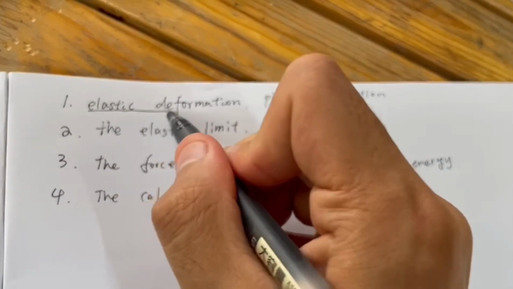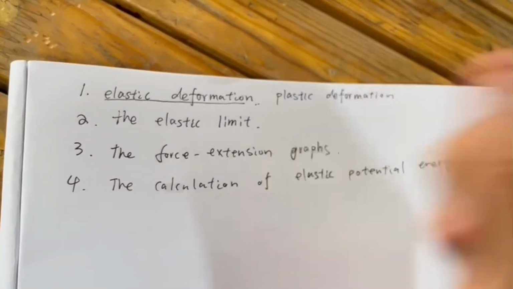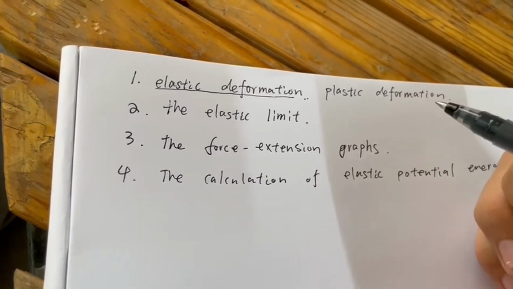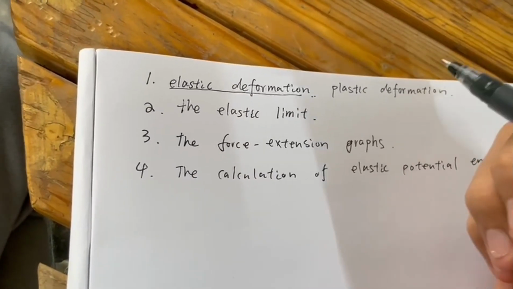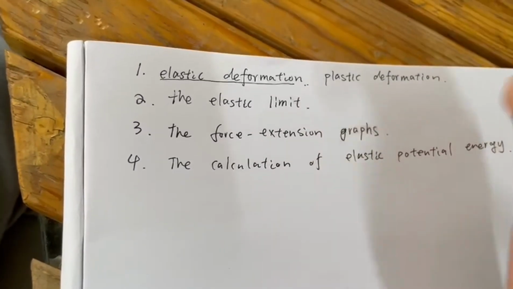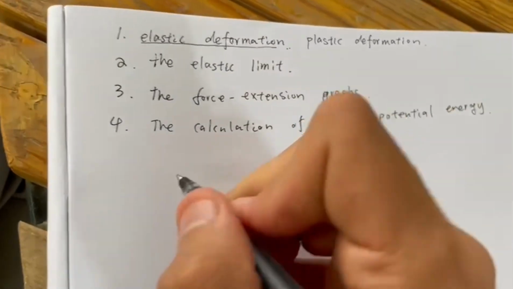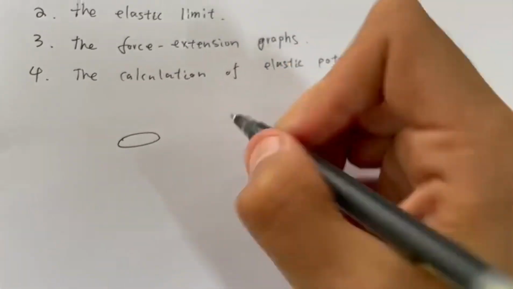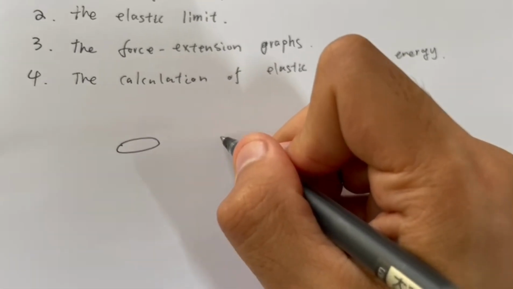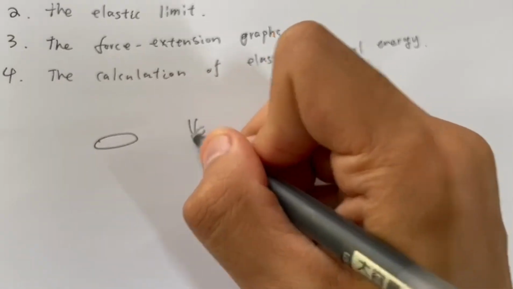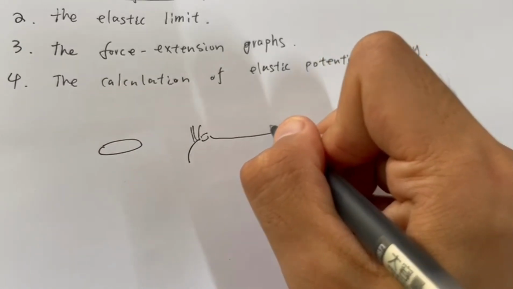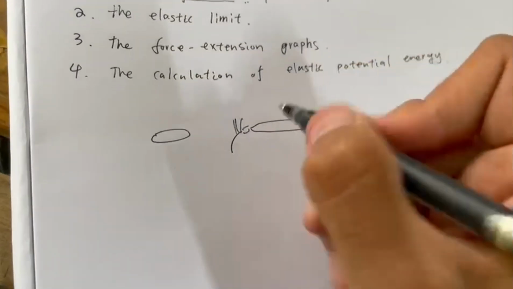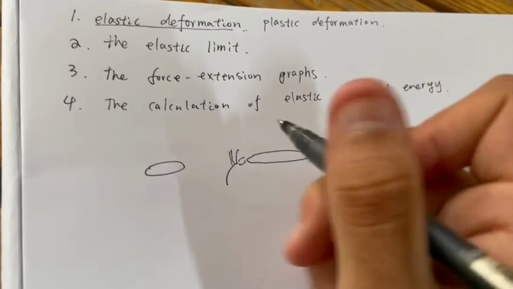So what is elastic deformation? It is when an object returns to its own original shape after the force is removed. Just think of a rubber band: stretch it and just let it go.